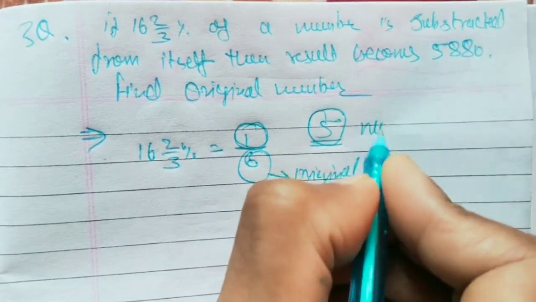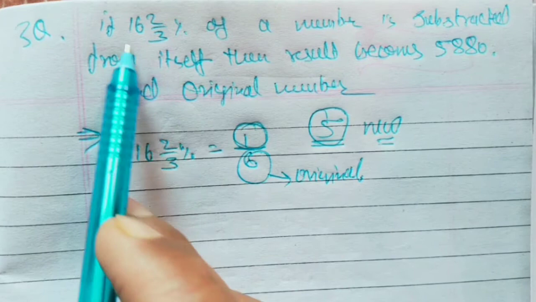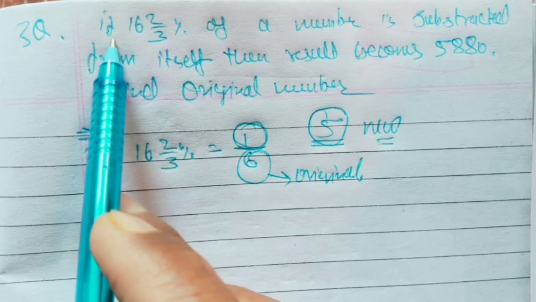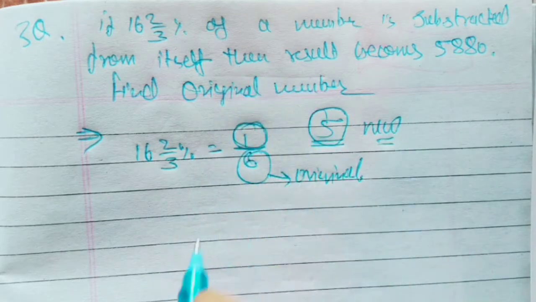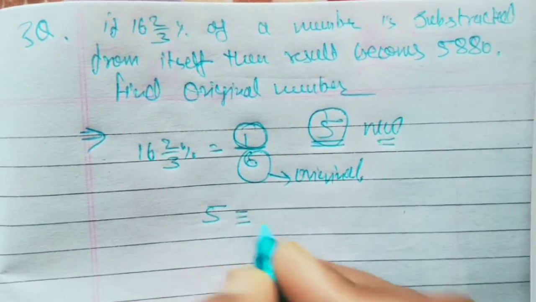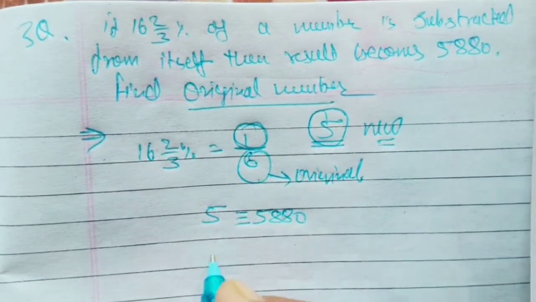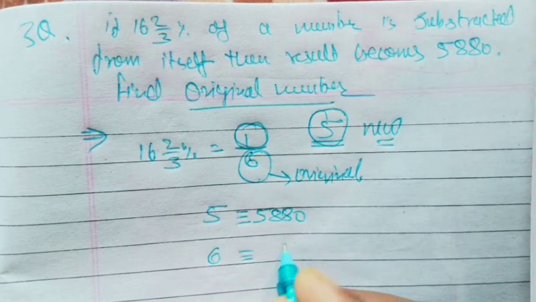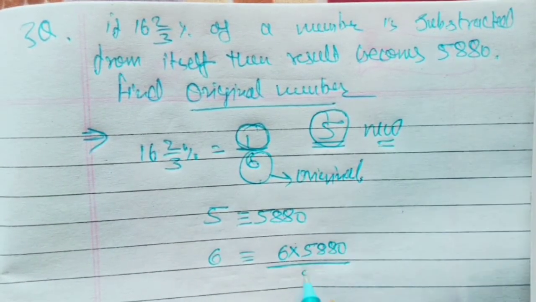As per the question, if 16 combination 2 by 3 of a number is subtracted from itself, so 6 minus 1, that is 5. The value of 5 is given to us, 5 is 5880. Then find the original number. The original number is 6. So to find the value of 6, we can easily find it like this.